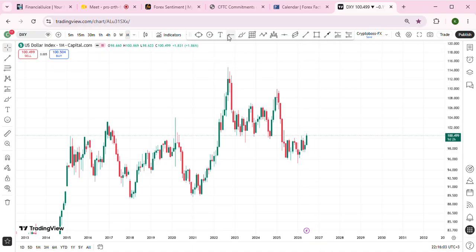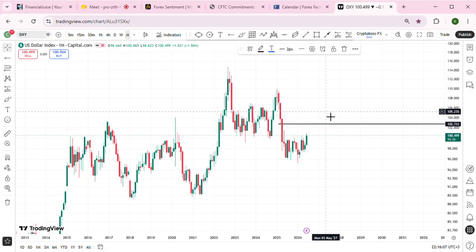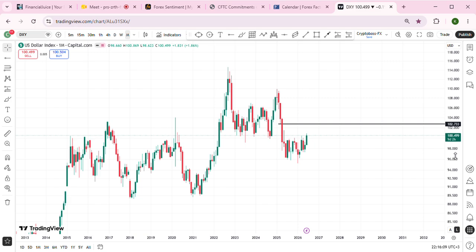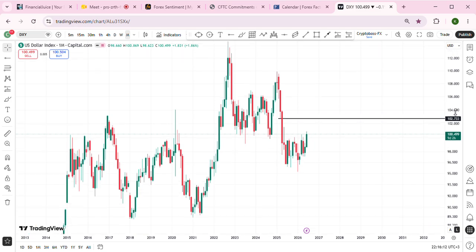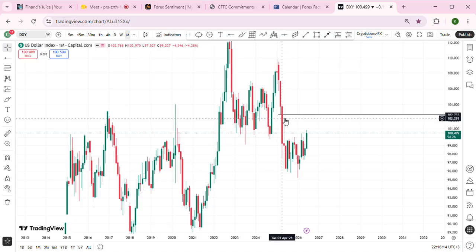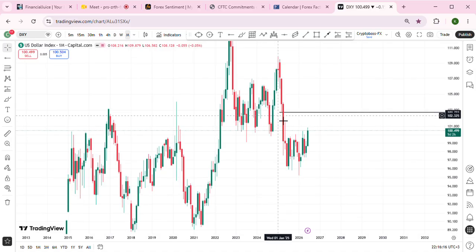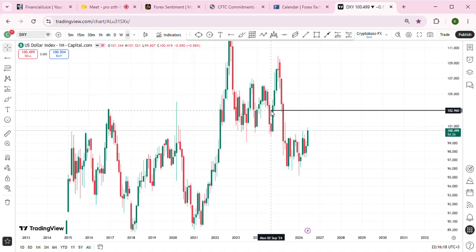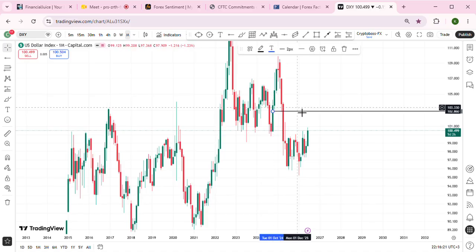So what I can mark here is this nearest fair value gap. This fair value gap over here, that's the one I'm going to mark, the monthly one.